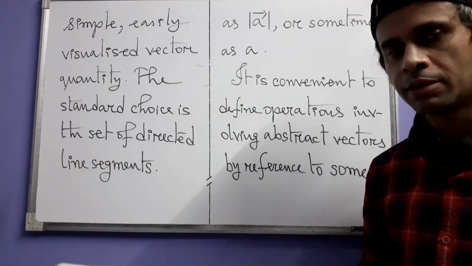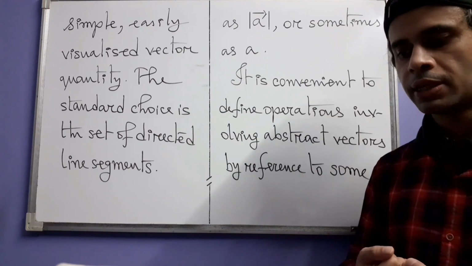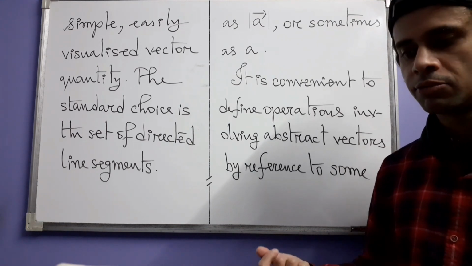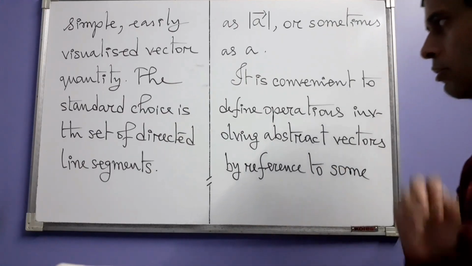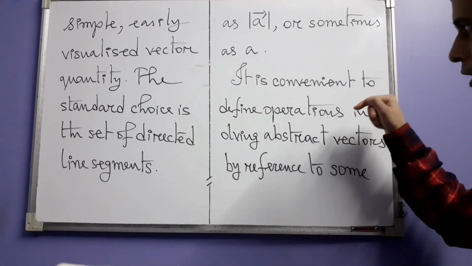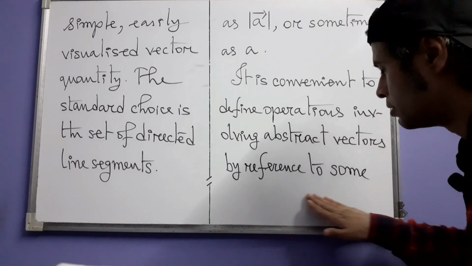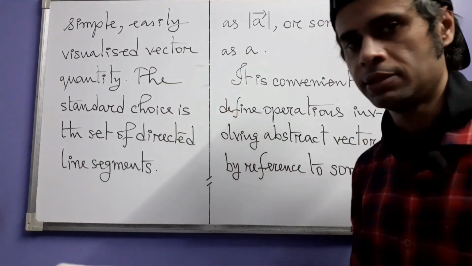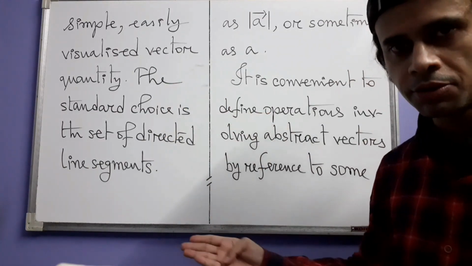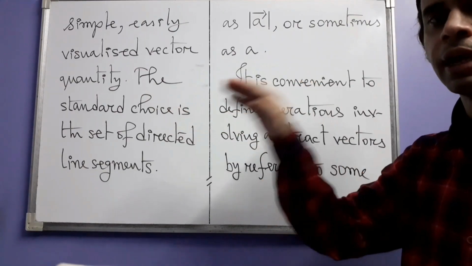When sets themselves are somehow combined, or say you break one set up into many parts, then what happens to the sizes of the individual parts? So we need operations. So it is convenient to define operations involving abstract vectors by reference to some simple, easily visualized vector quantity. And you already know that the standard choice is the set of directed line segments.